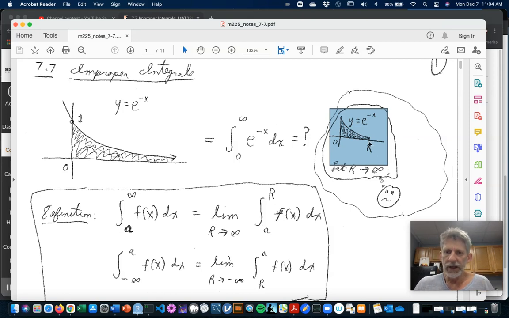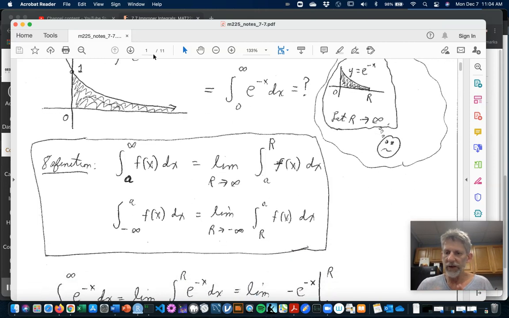But then imagine the r going to infinity. So as the r increases, that upper bound gets more and more to the right, and so you pack more and more of the total area that you're interested in into that integral from 0 to r. So why not take the limit as r goes to infinity of the integral from 0 to r? That's the basic approach here.